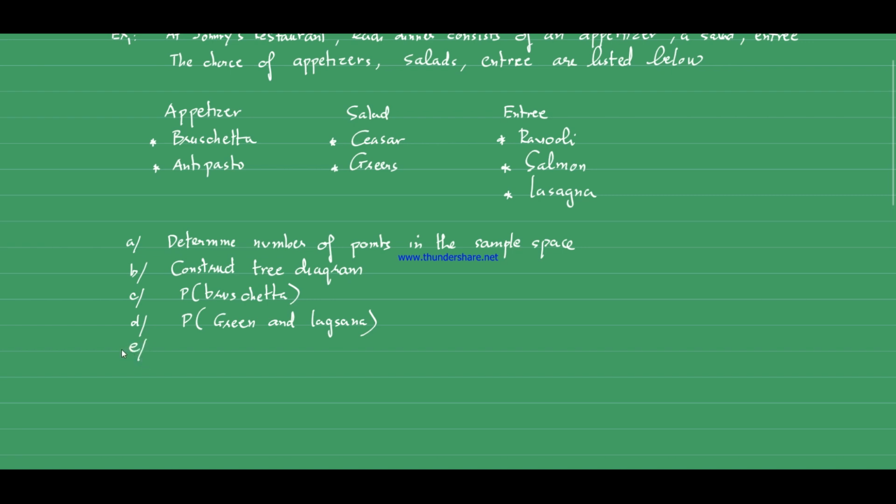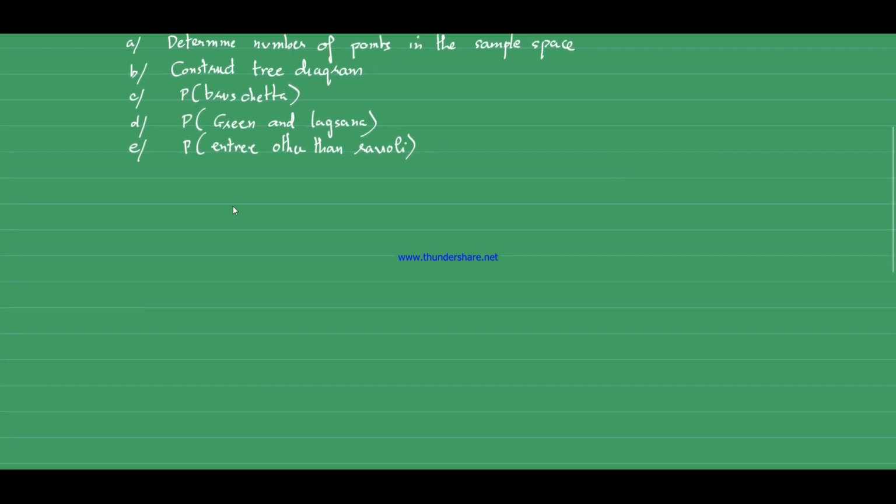And for part E, an entree other than ravioli. Alright, let's see how we do this problem.